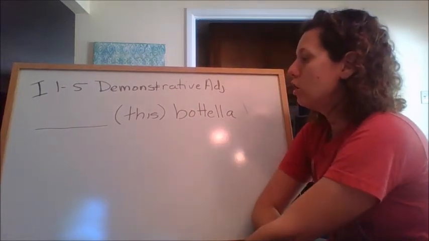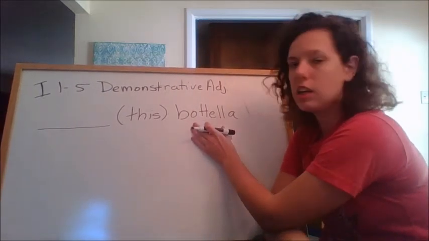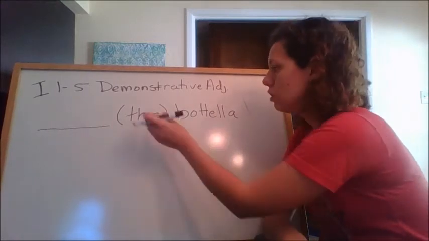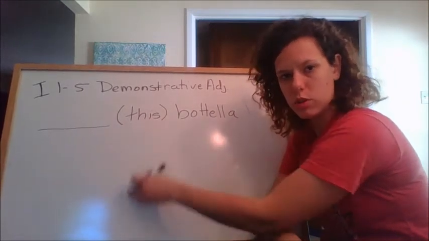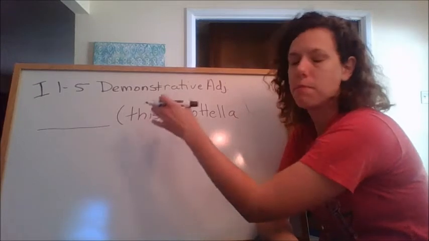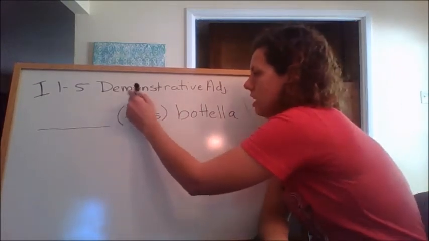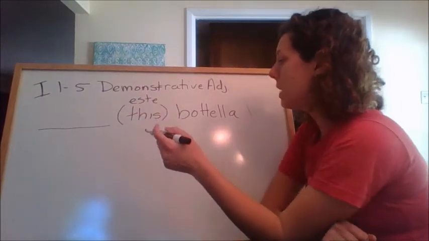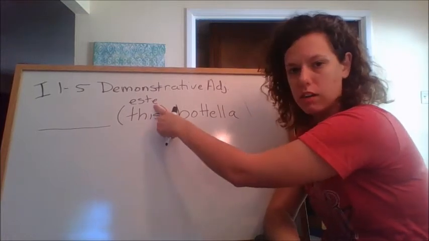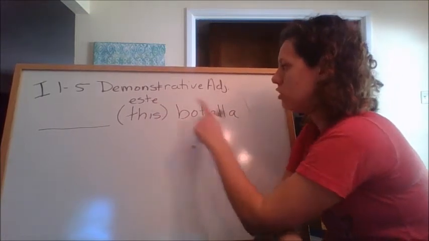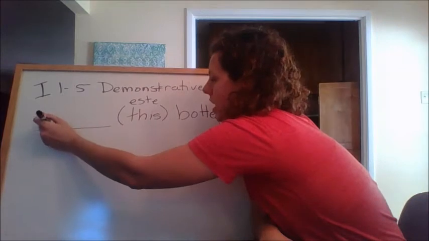Okay. So now this is a feminine singular noun. So you have to decide which one of those 3 means this. It was este. But this is masculine. This is feminine. So we have to change the este to an esta.